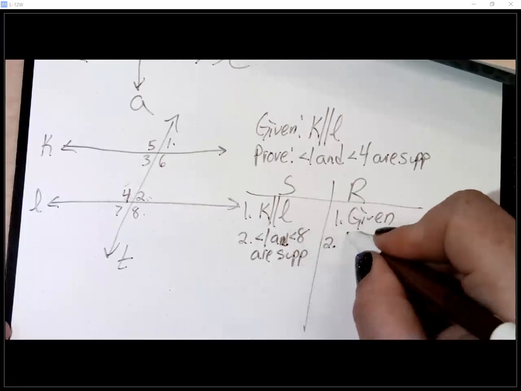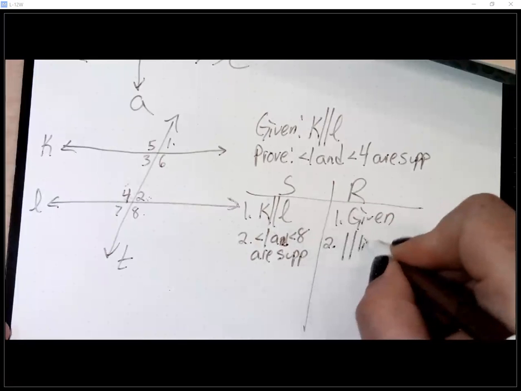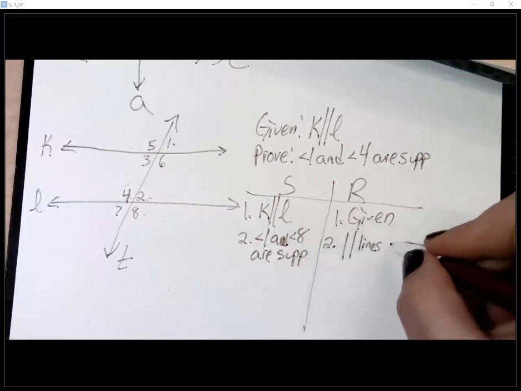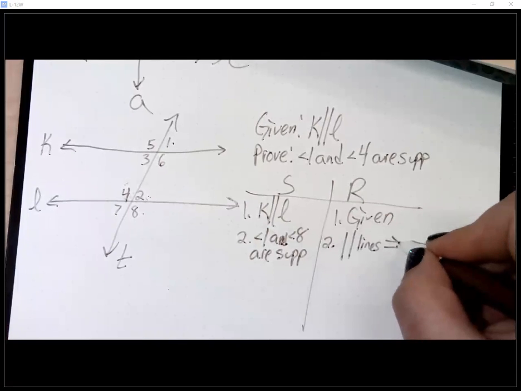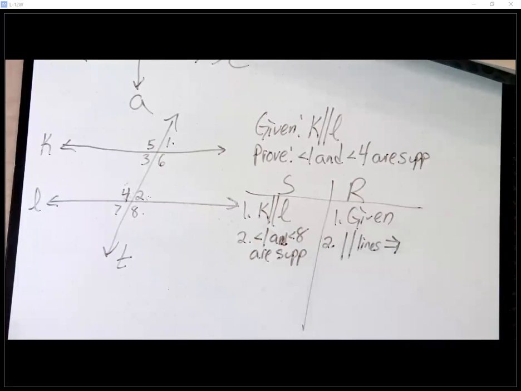Parallel lines. And then I'm going to use a double arrow like this with 2 lines. That symbol right there stands for parallel lines give me, or parallel lines produce, yields. It's like, hey, you know this information and that information now gives you.